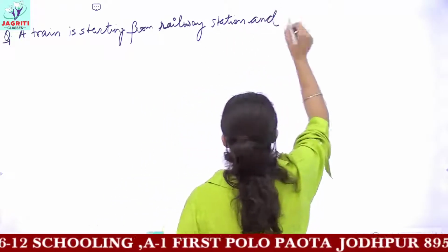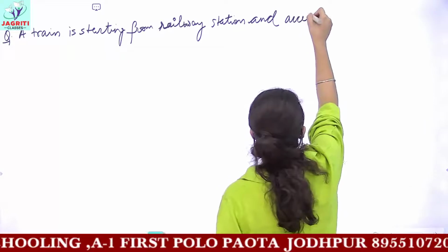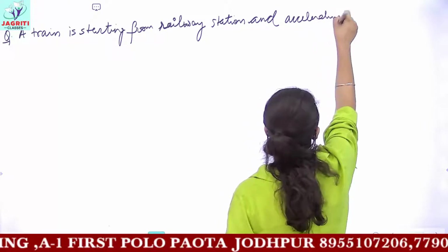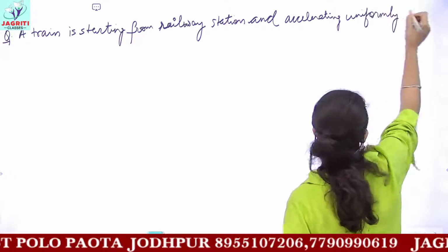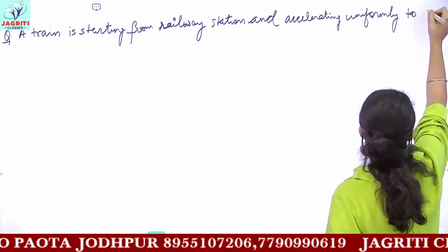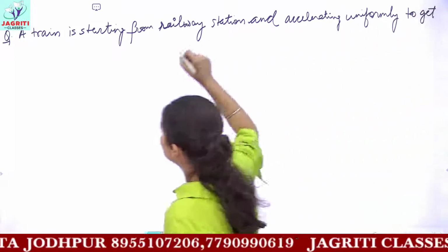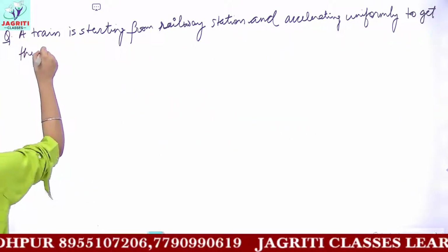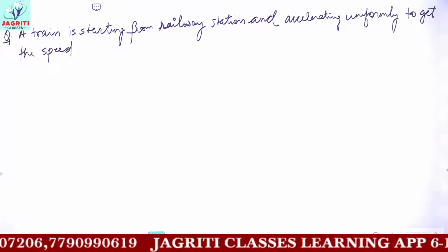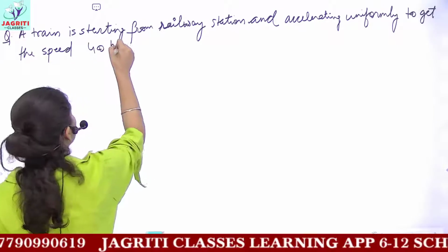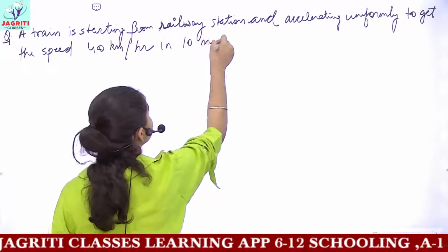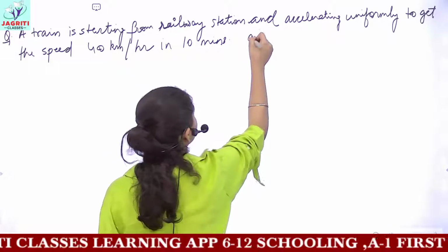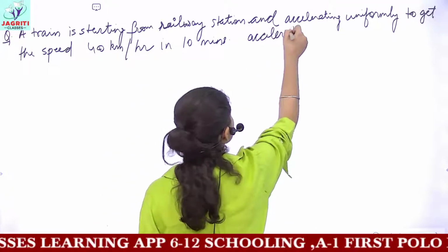A train starting from a railway station and accelerating uniformly to get the speed of 40 km per hour in 10 minutes. And then you have to find the acceleration of this train.